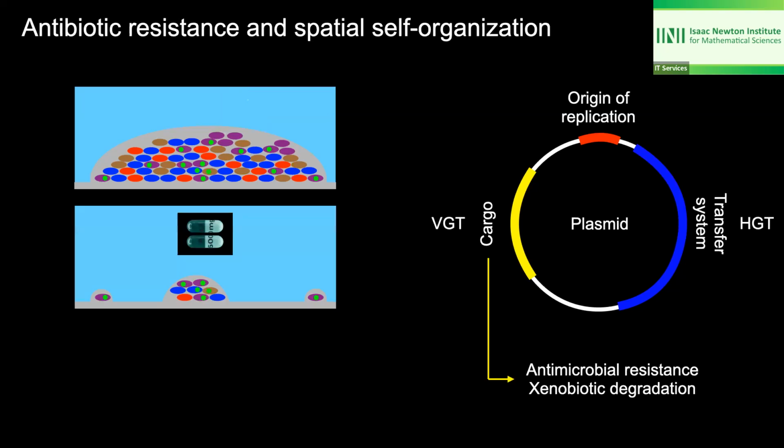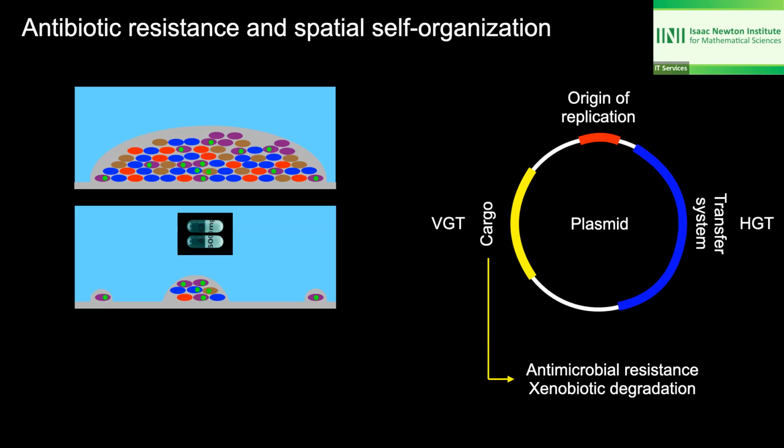So for example, if I go in and add antibiotics, for instance, to say this is an antibiotic resistance encoding plasmid, I apply antibiotics, I will destroy or remove a lot of the sensitive cells, leaving little patches of those that carry resistance, or perhaps are located and physically protected from the antibiotic for one reason or another, whether that's degradation of the antibiotic or just being in a state that is dormant and insensitive to the antibiotic, whatever.